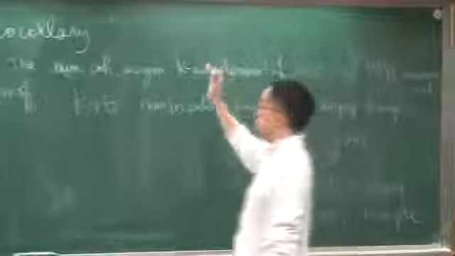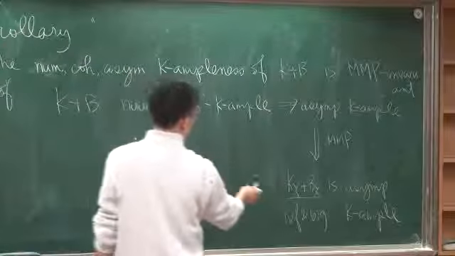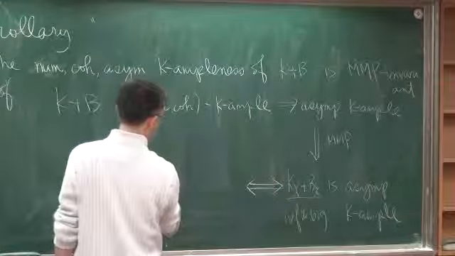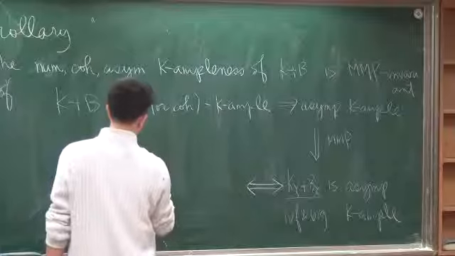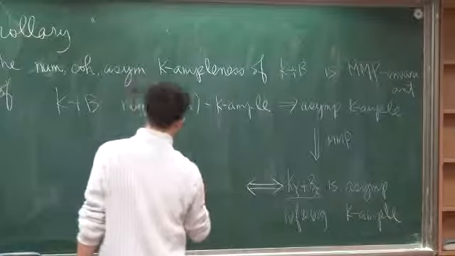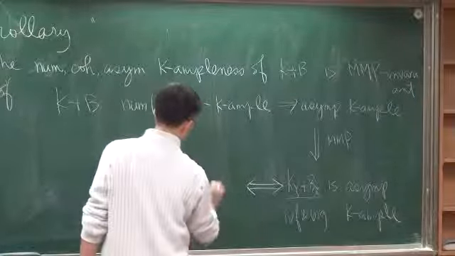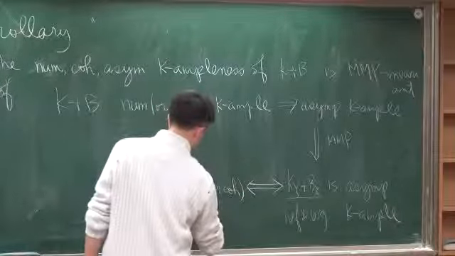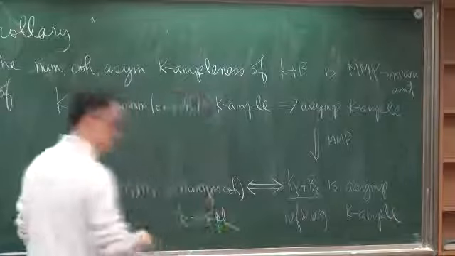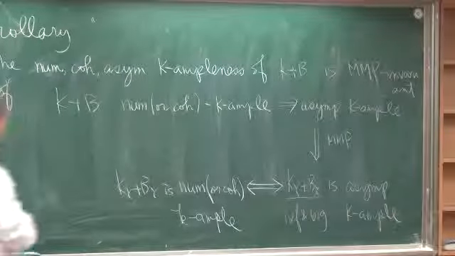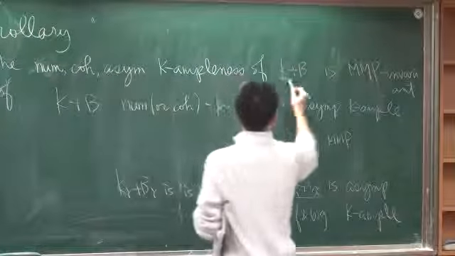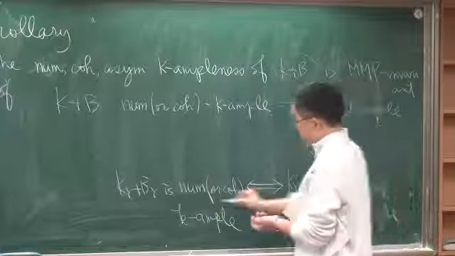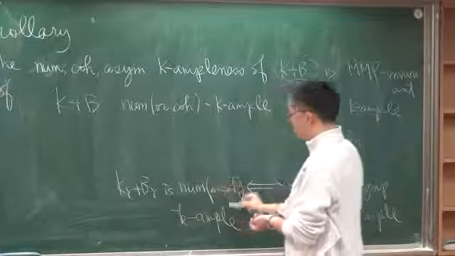So if I use the previous theorem, not this one, this is if and only if KY plus BY is numerically or cohomologically K-empty. Okay. So if this divisor is numerically K-empty, then KY plus BY is still numerically K-empty.